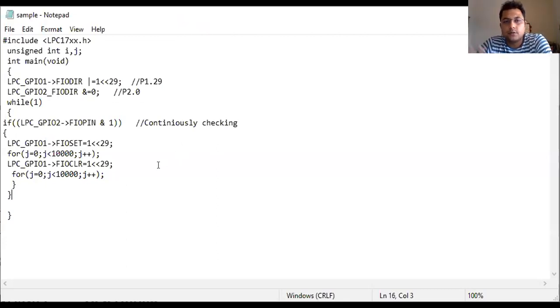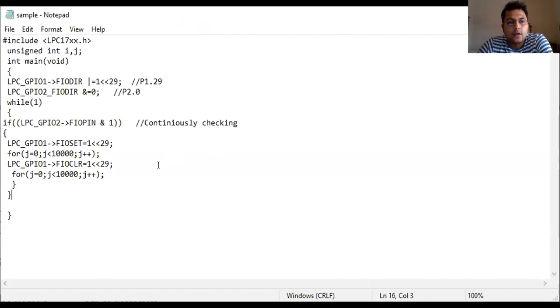So here in this program, our purpose is to use the pin 1.29 for LED purpose. So that pin is directly connected to LED, and that we want to toggle.